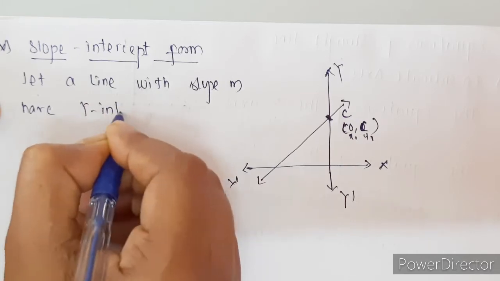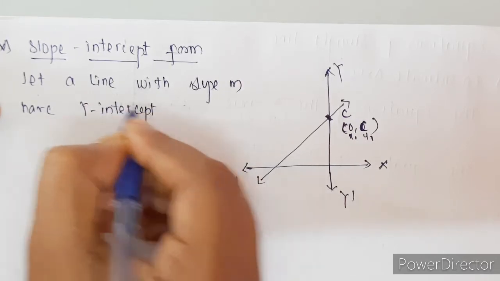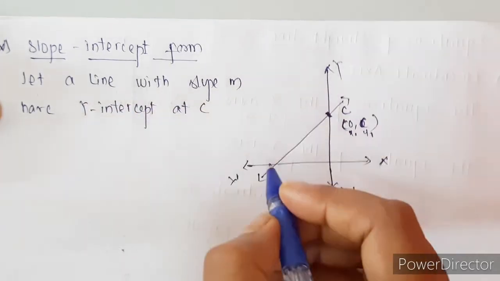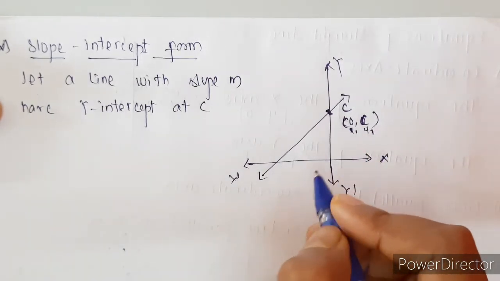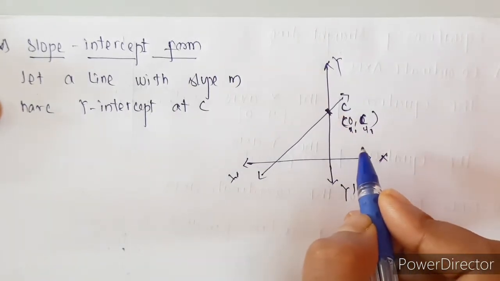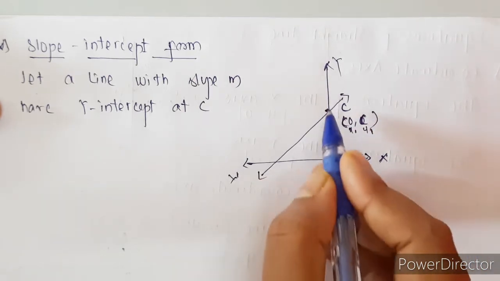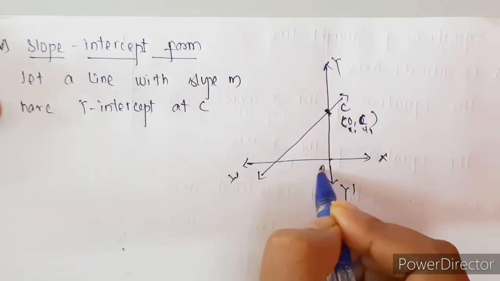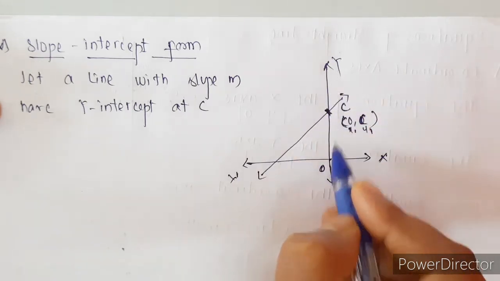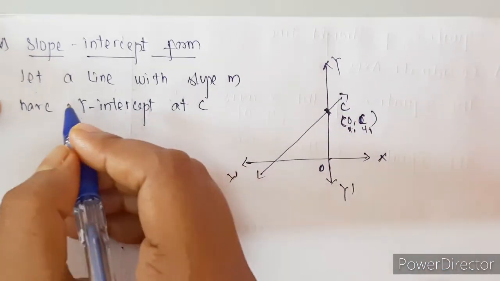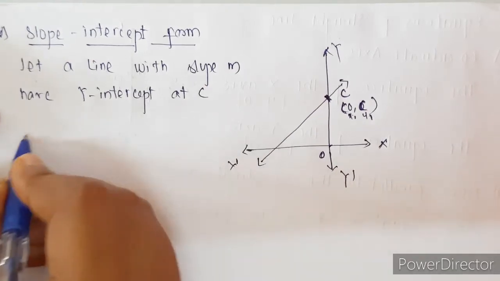So we know that the slope of this line is m and it is intersecting at point C on the y-axis. The coordinate of this point is 0, c. Since it is intersecting on the y-axis, all the x points on this line will be 0. We have to find the equation of this line.